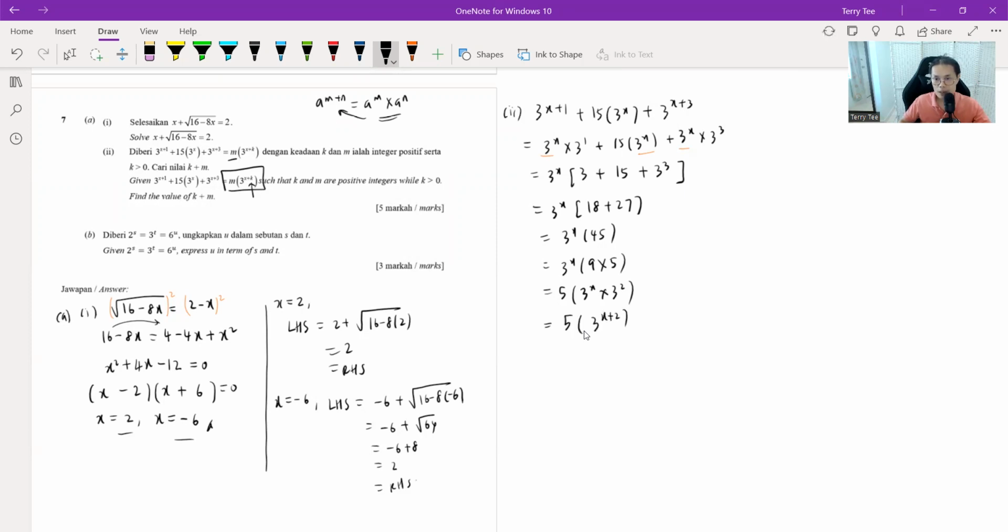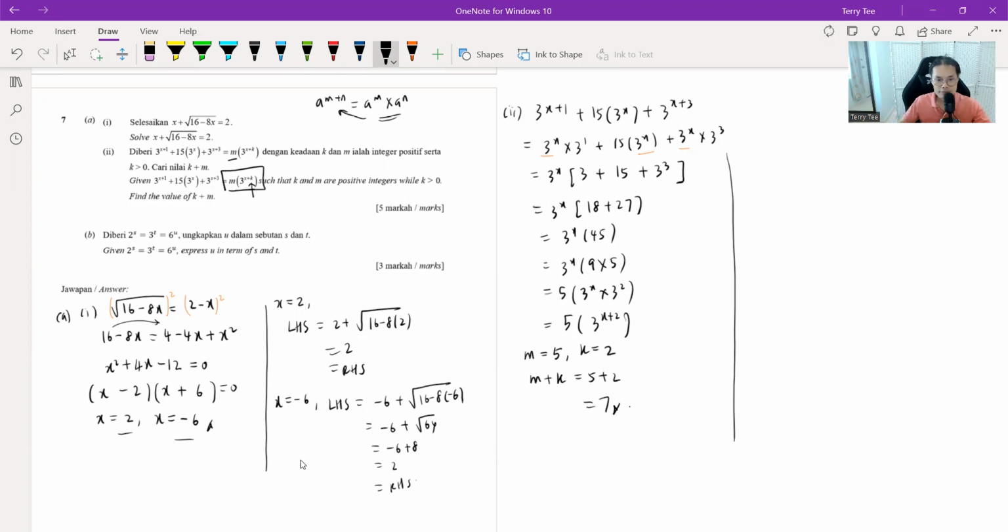And there you go. I got my expression in this form. But we need to identify what's your m. My m is 5. My k is 2. My m plus k is just 5 plus 2, which is 7.